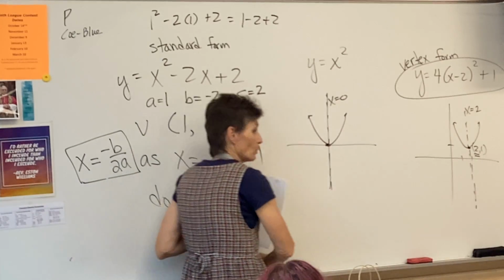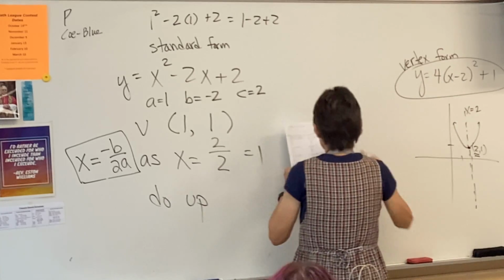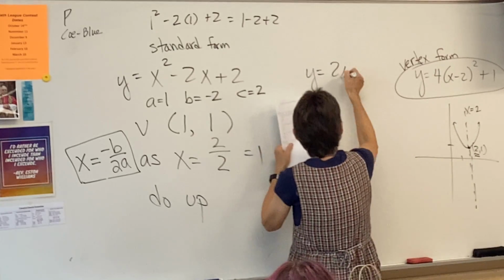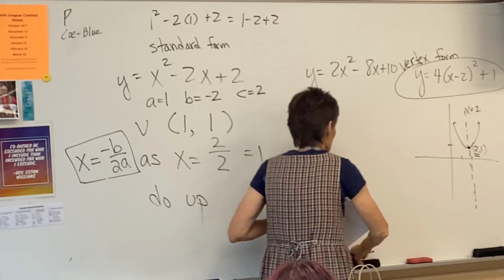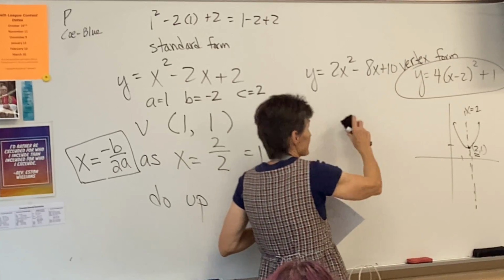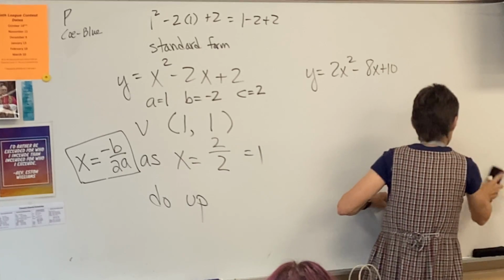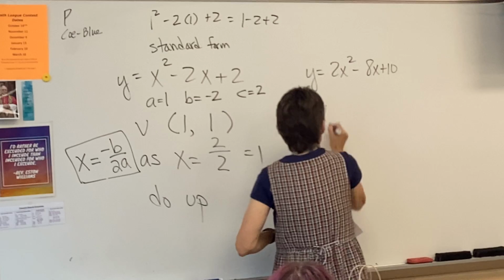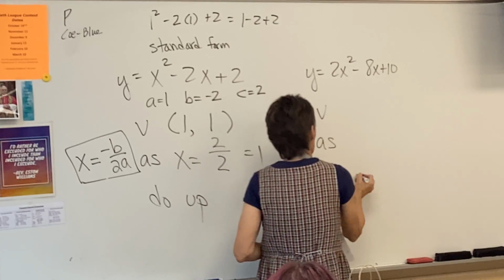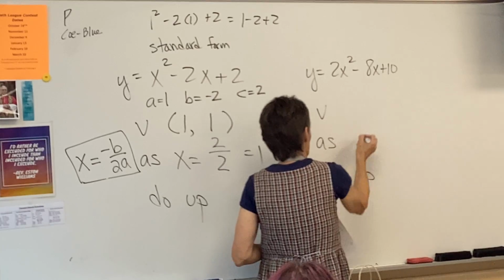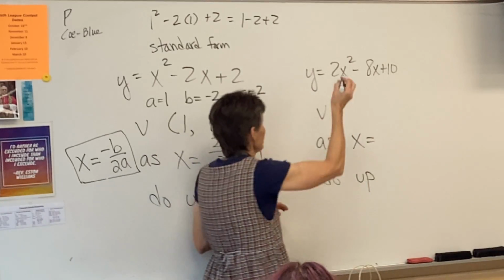Right, let's do one more together. Would you agree that this is in standard form, not vertex form? Yeah. Alright, so I'm gonna have to use my formula. Oh, first of all, which way is it open? Alright, axis of symmetry, formula says, let me write it down.